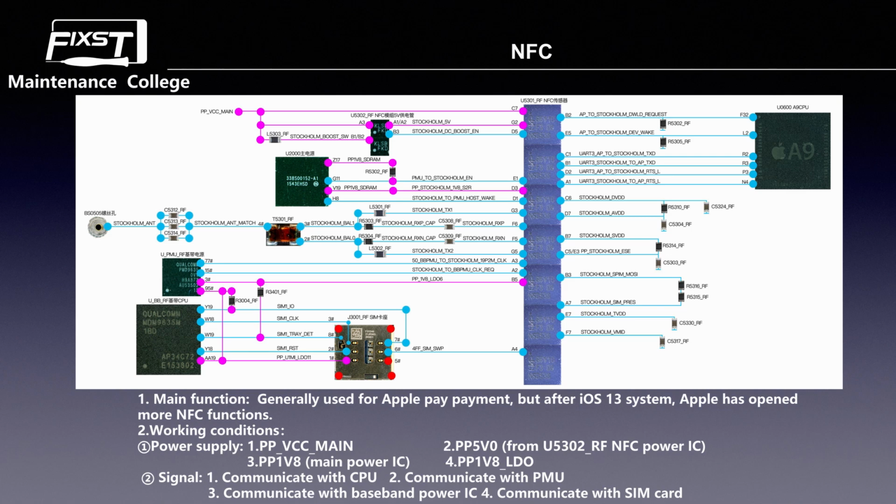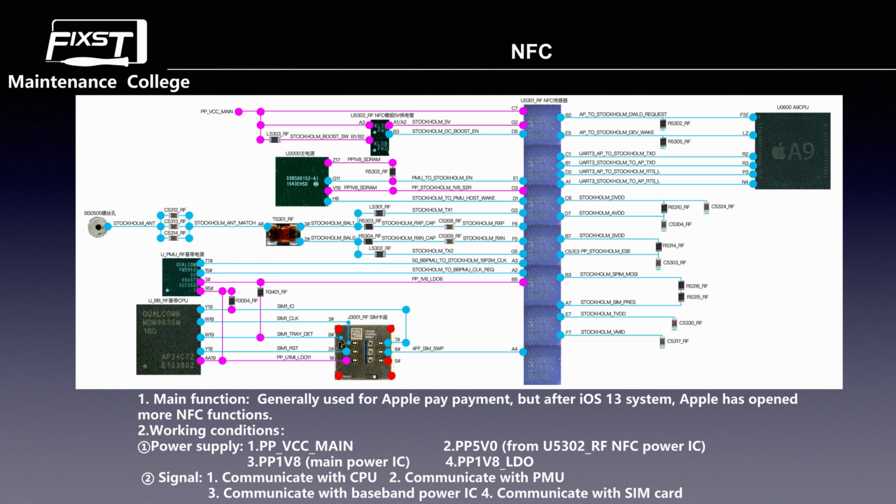So here is a booster system that converts the 3.8 voltage into 5.0 voltage and sends it to the NFC sensor. Because this is a booster system, if this inductor L5303 has a problem, we can only replace it with the same inductor, because it is a booster inductor.